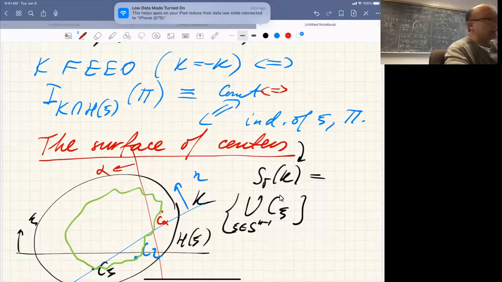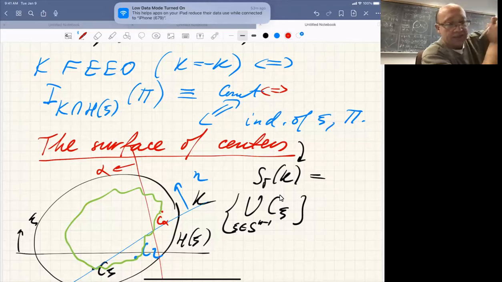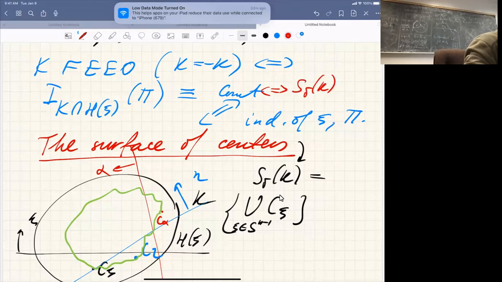So K floats in equilibrium in every orientation at the level delta if the moments of inertia of the sections of the body by the water surfaces, all water surfaces, are constant and independent of the water surface and of the direction inside the water surface, and if and only if the surface of centers is the sphere. Okay, this is only if.